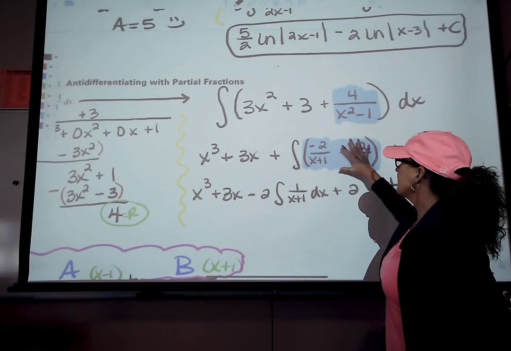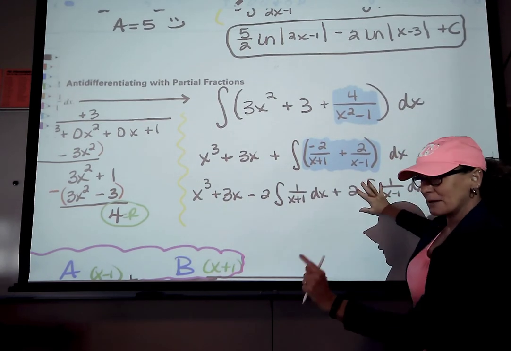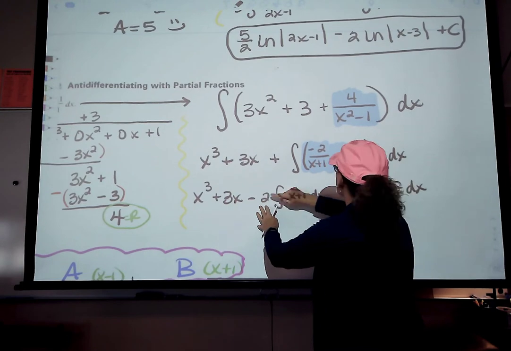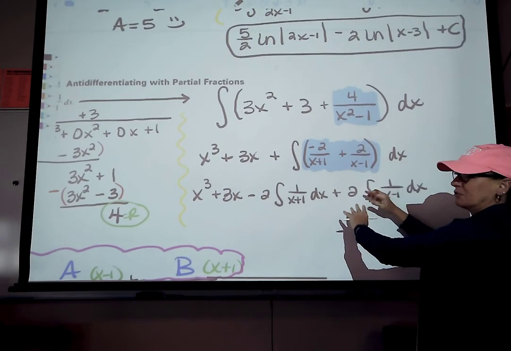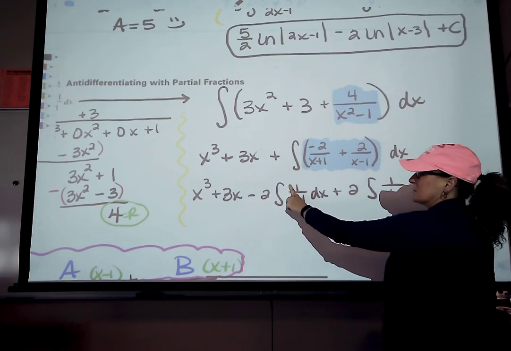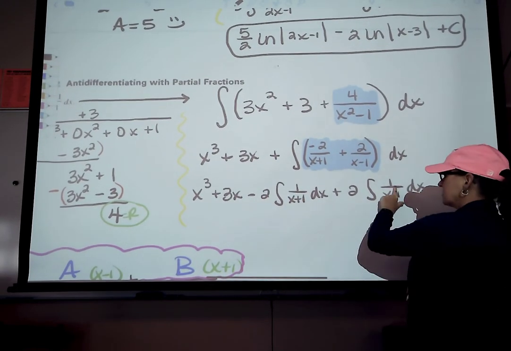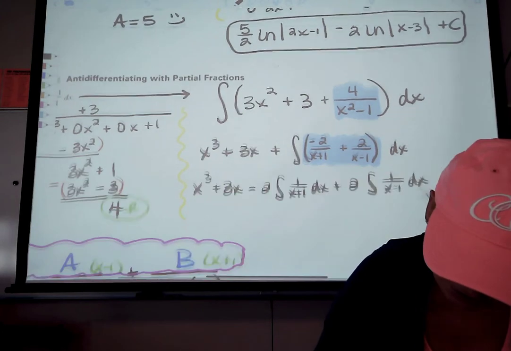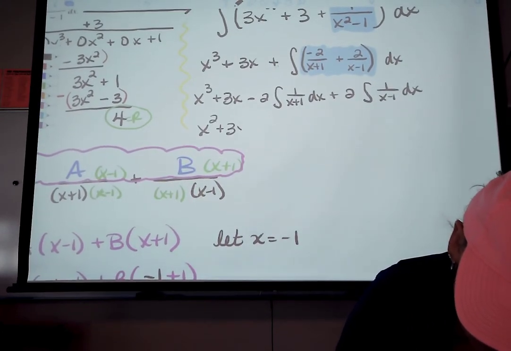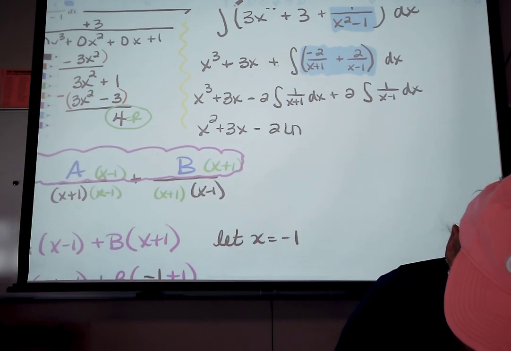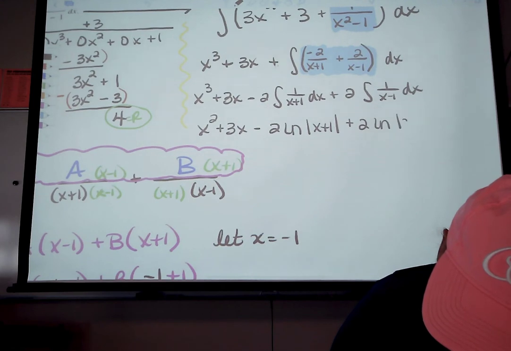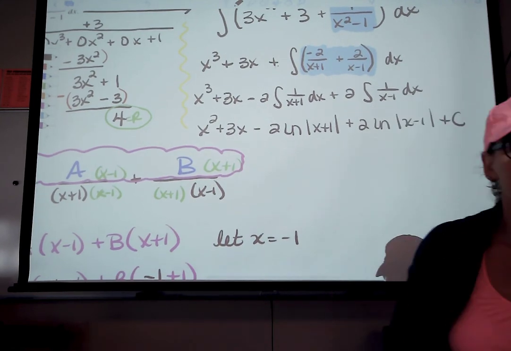I went ahead and split these into two integrals, and at the same time as I was splitting them, I pulled the constant out to the front. I love getting all those constants out of the way. They don't confuse me. This becomes a very simple antiderivative. There you go.